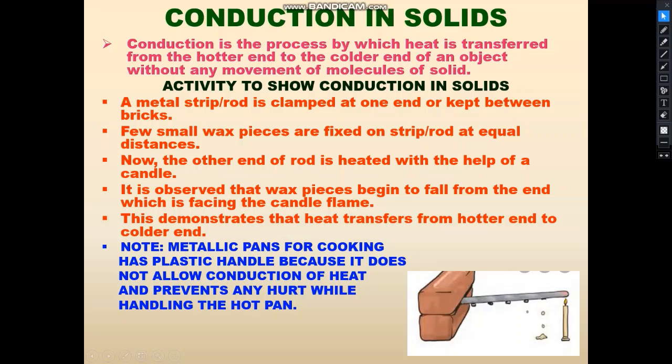A material which does not allow the flow of heat is very useful for these kinds of purposes, like the plastic handle preventing any injury or hurt due to heat which can be in touch with the user's hand. So it prevents the direct flow of heat towards the user's hand.